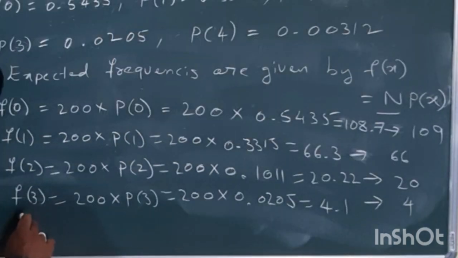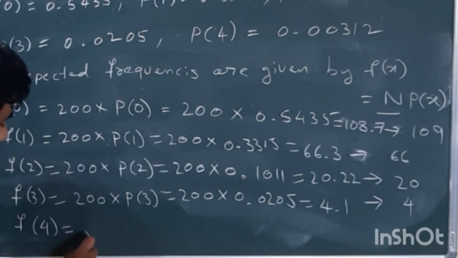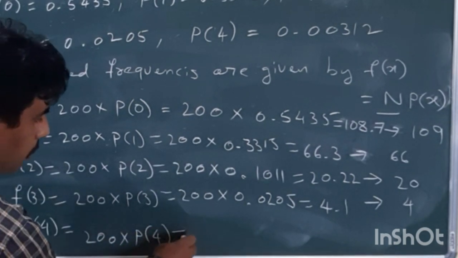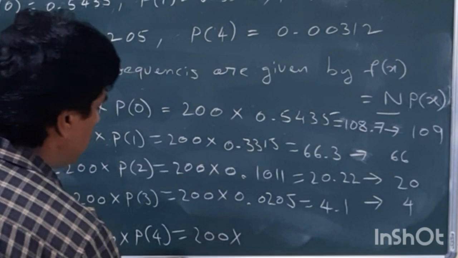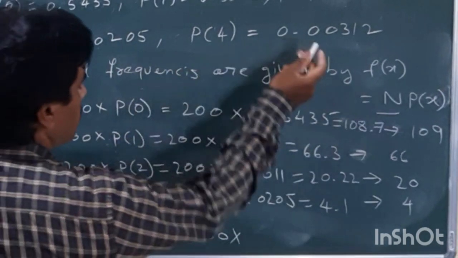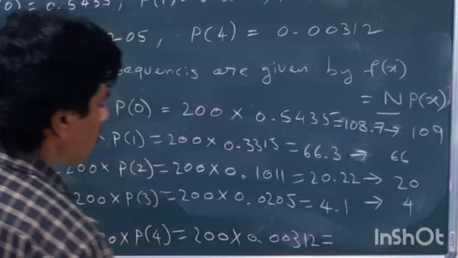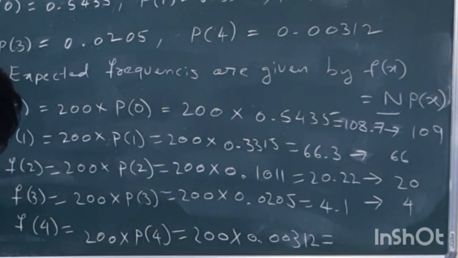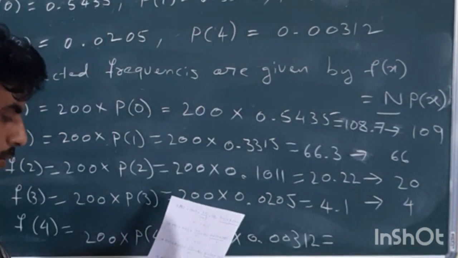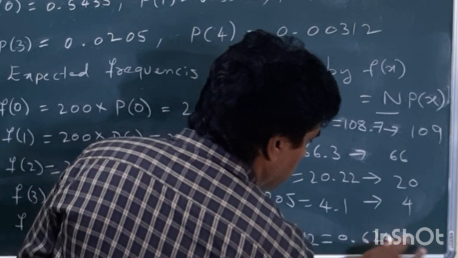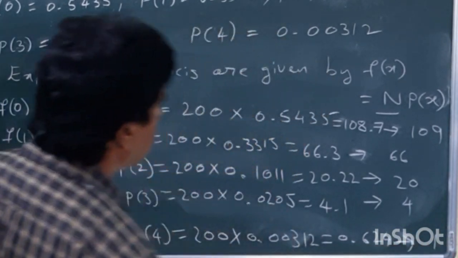Finally, the last expected frequency, f of 4, 200 into p of 4, that is 200 into probability for getting 4 successes, 0.00312. Its value is 0.624. Round off this value, we will get 1.